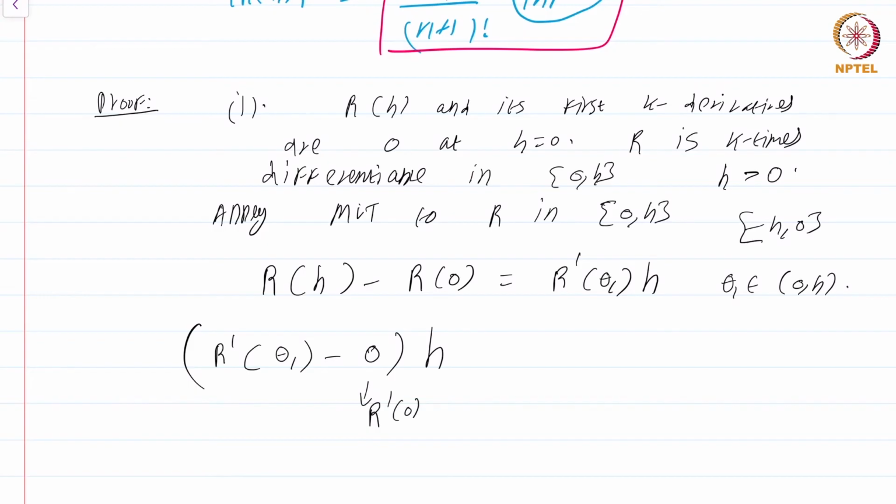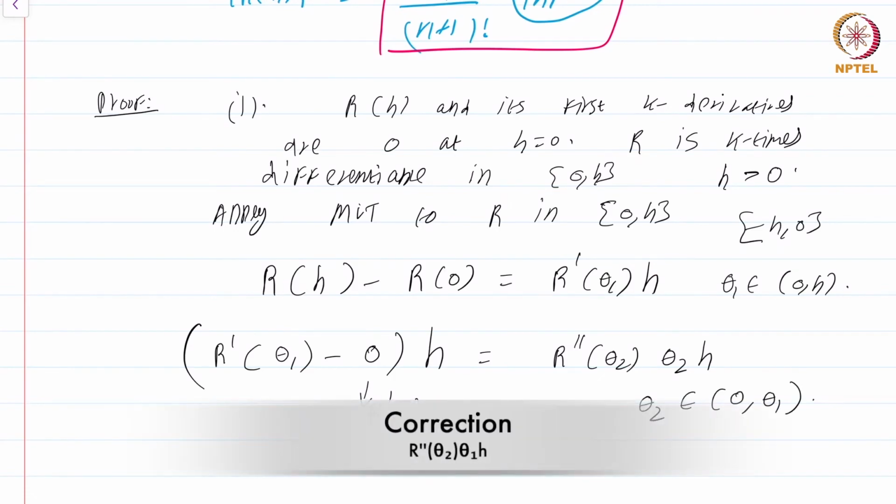So you can apply the mean value theorem again now to the function r prime to get r double prime of theta 2 times h, where theta 2 lies in (0, theta 1), right? So this is just applying the mean value theorem again.